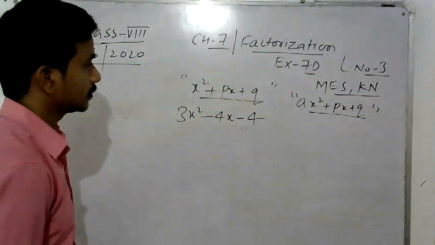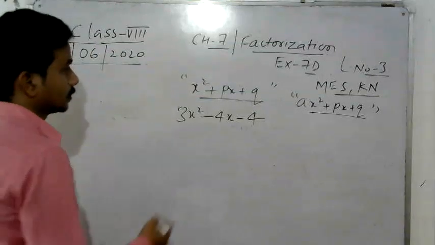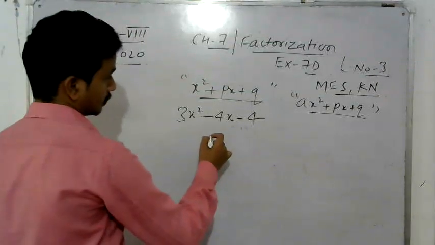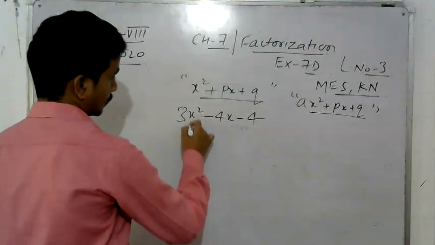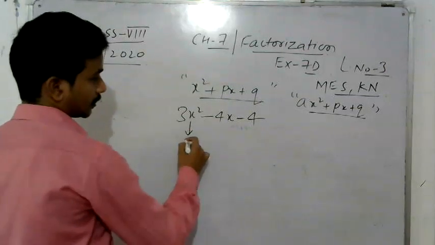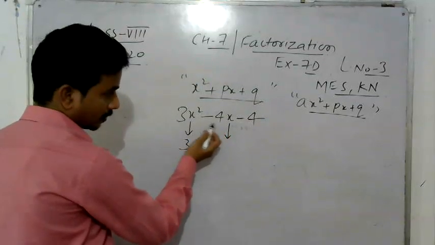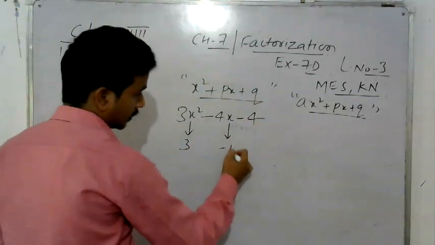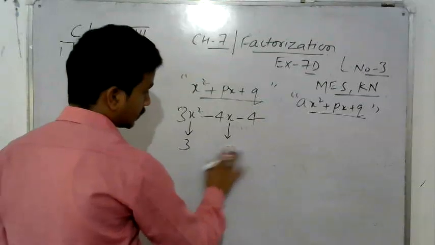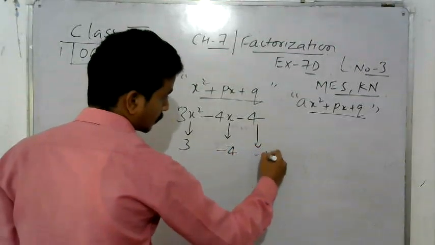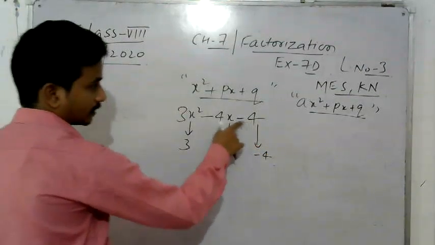Now if it is in this form, what is the coefficient of x square? Coefficient of x square is 3. What is the coefficient of x? Coefficient of x is negative 4. And what is the constant term? Constant term is also negative 4. Okay, always take the minus here.